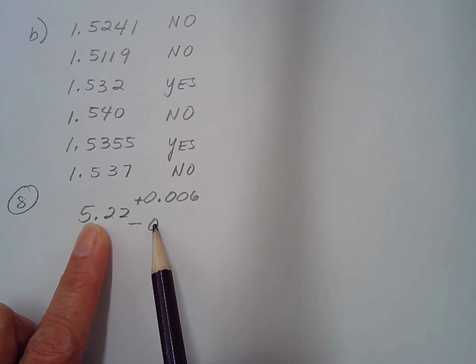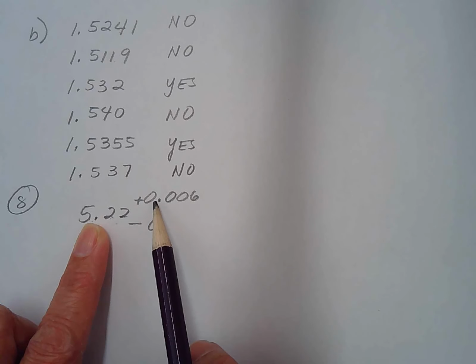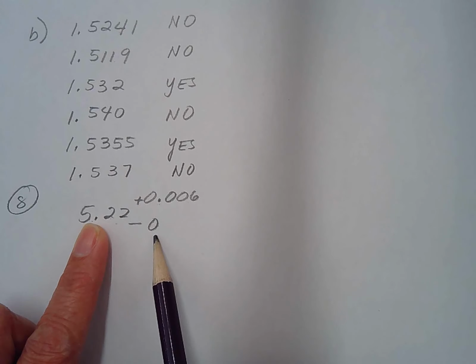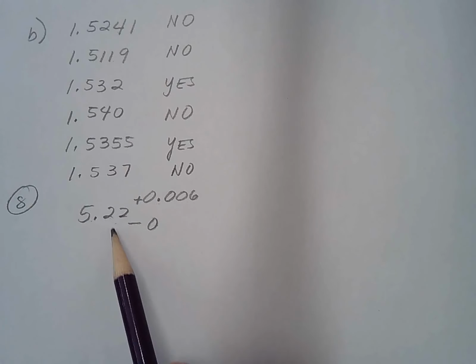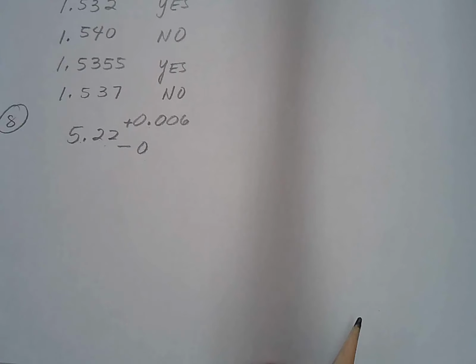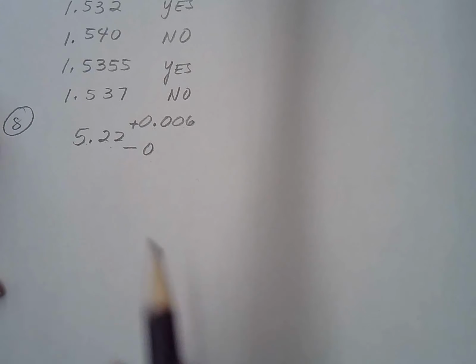Okay, so it's okay to go up to plus 0.006, but it's not okay to be below. Okay, any more below. So list the nominal value, maximum, minimum, and tolerance for this bolt.